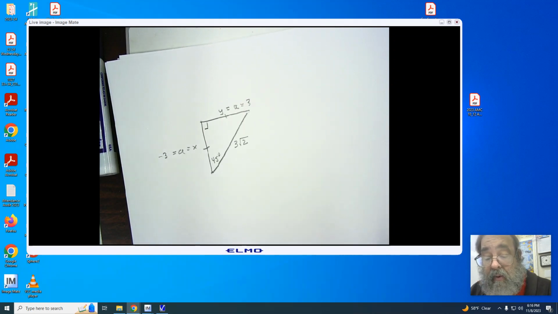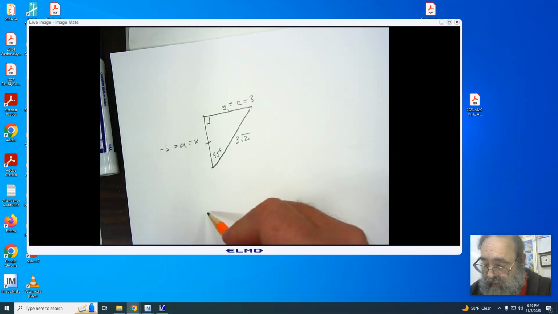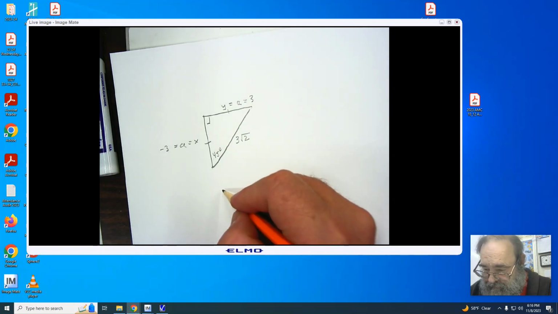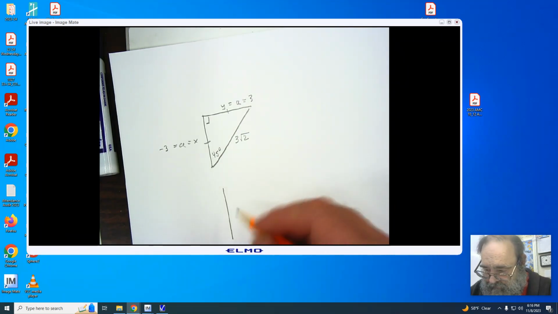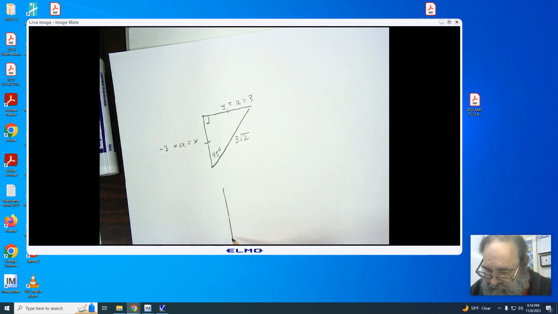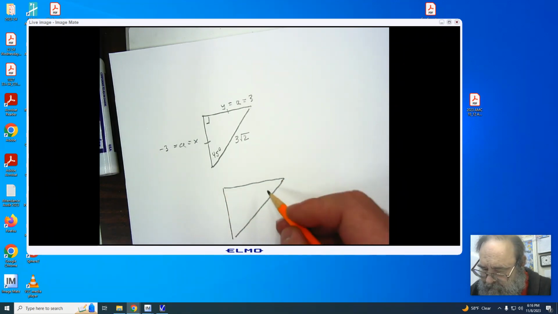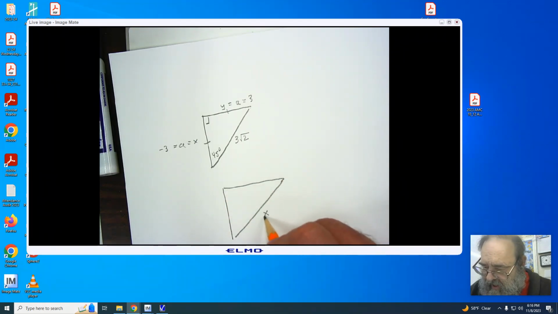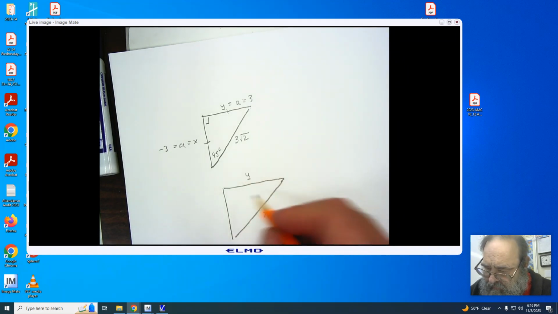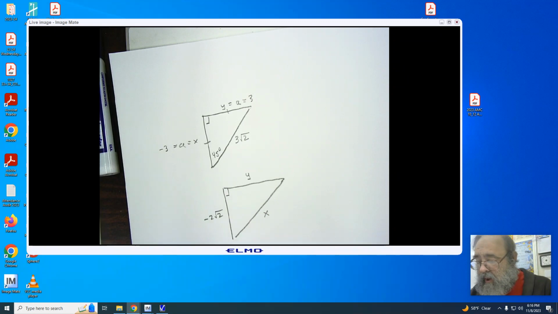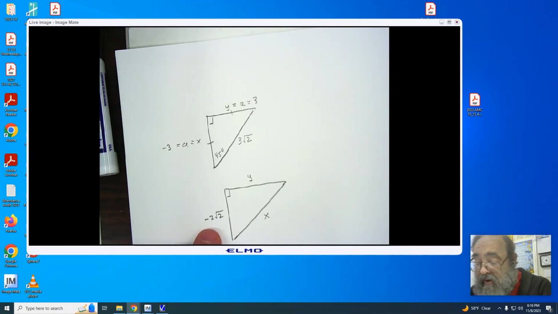Let's take a look at another one. This time, let's look at this triangle. And let's go ahead and put it in the third quadrant this time. This time I have x and y here, and I'm looking at negative 2 root 2. Now remember, this negative is simply giving me direction.